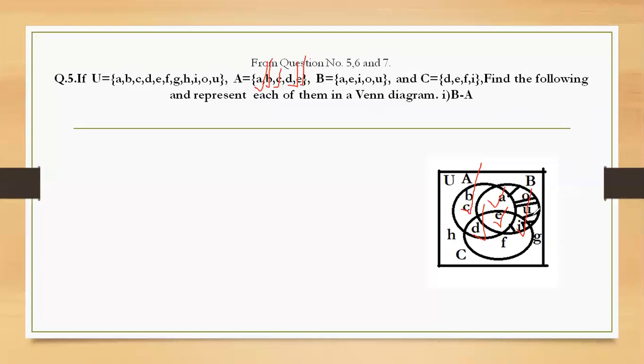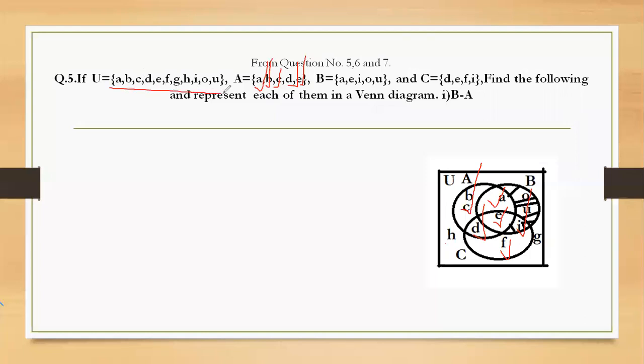Now can you tell what are the remaining elements of set B? O and U. Good. Right here, O and U remain of B. And what remains of set C? F. After writing the remaining elements of sets A, B, and C, now we have to write the remaining elements of the universal set.